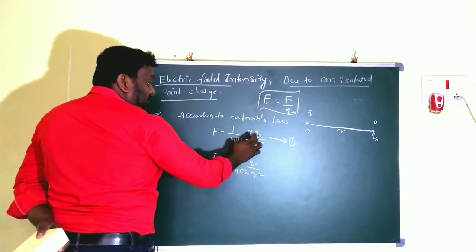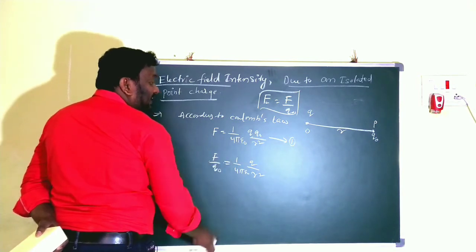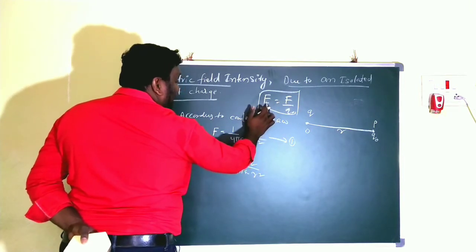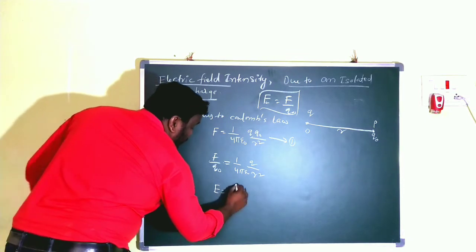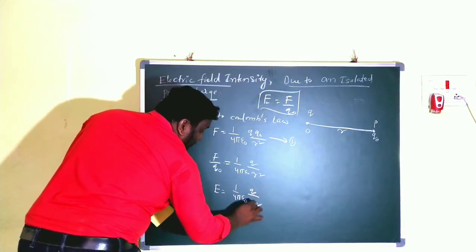So here we are bringing Q naught this side, and we write F by Q naught is equal to 1 by 4 pi epsilon naught Q by R square. Then what is meant by F by Q naught? That is the electric field intensity. So here I am writing E is equal to 1 by 4 pi epsilon naught Q by R square.